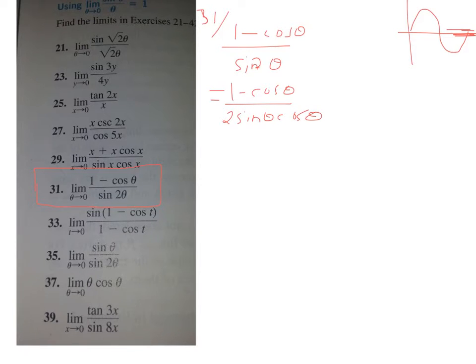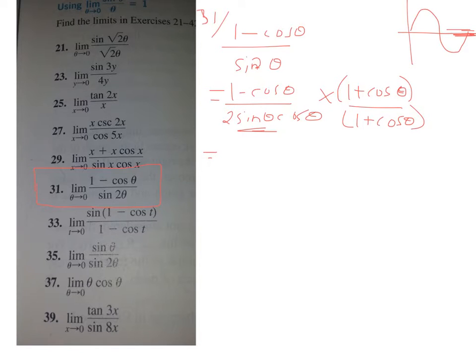The next thing I want to do is get rid of this sine theta, and I don't have any sine thetas in the numerator, so I've got to create one. I can do anything I want to my equation as long as I do it to the top and the bottom, and this is what I want to do this time. I'll show you why.